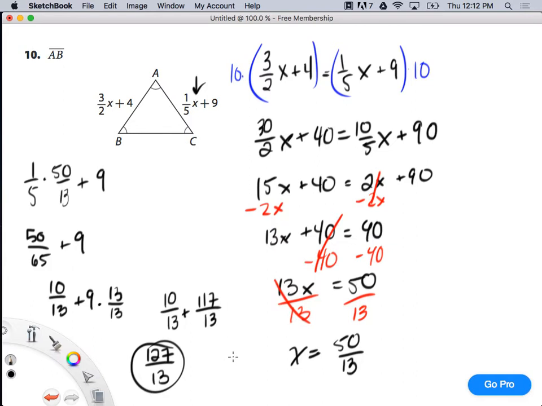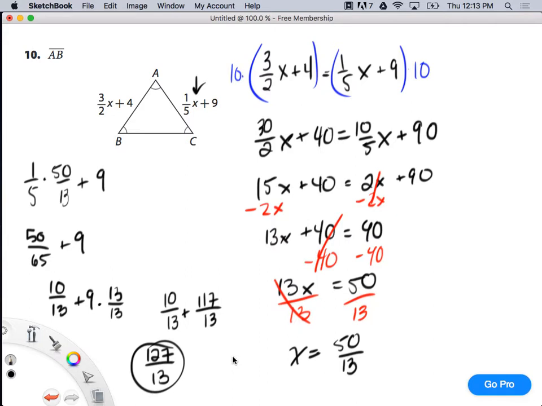I'm glad to give you hard problems. It's just arbitrarily challenging fractions. But you can definitely assume that I'm going to have answers where x is a fraction, probably more like 5 over 3 instead of 50 over 13, and then you're going to be plugging that in to solve. Does that make sense? Okay.